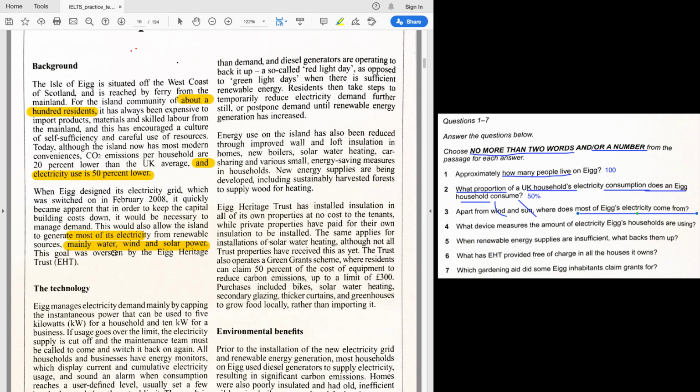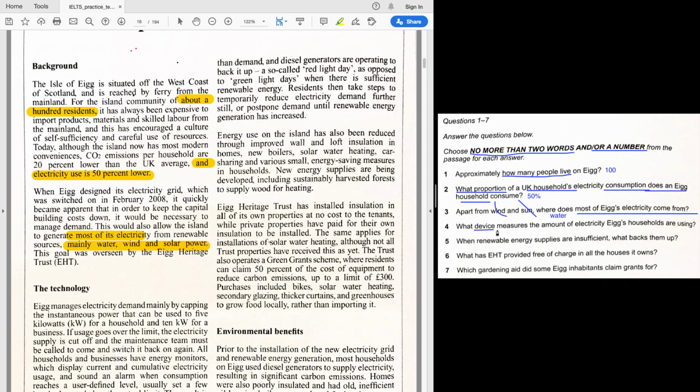Cool. Wind we have, solar power we have, water is left. So we're going to type in water here. Water would be the answer to this.